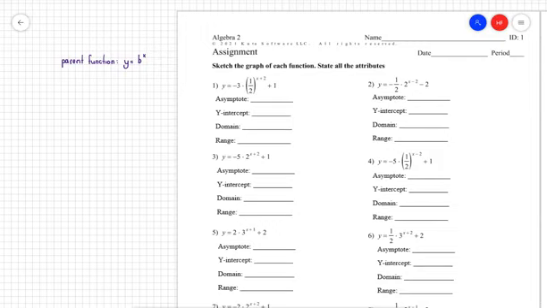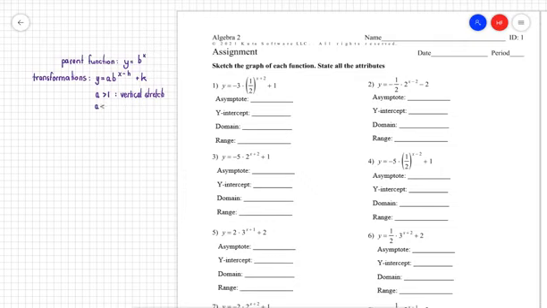Then we have transformations that can occur, just like any other function. And they occur in the form a b^(x minus h) plus k. So if we have an a greater than 1, then that means we have a vertical stretch.